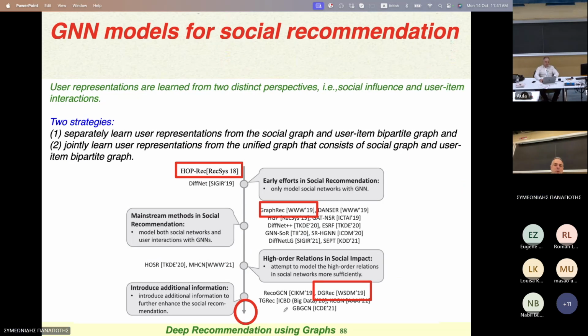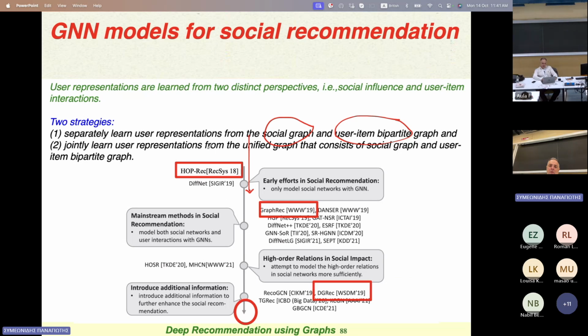Now, we proceed with some other works in social recommendation. We have the graph neural network models. And of course, in these graph neural network models, we have the information that comes from the social graph, so the friendship links, but also from the user item rating matrix. Okay, so as you can see here, this is the timeline.